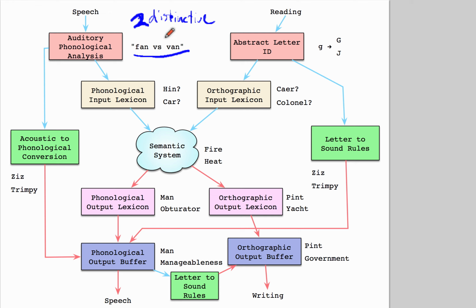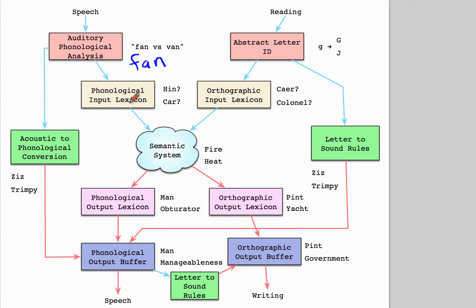So by using distinctive features, we can play with the difficulty of the task. Let's say they hear the sounds correctly, right? And they hear the order of the sounds, F, A, N. Okay? They hear that. They hear the order.